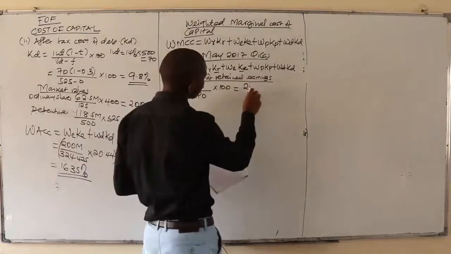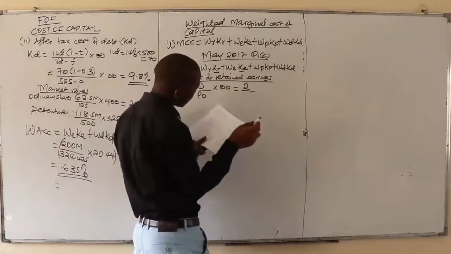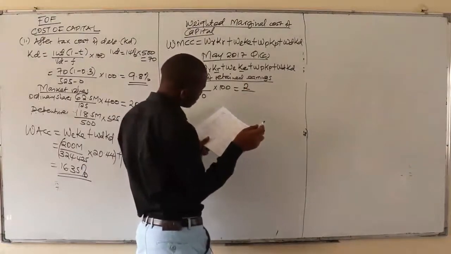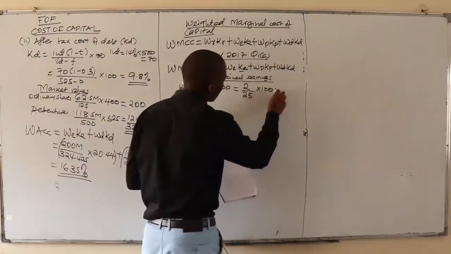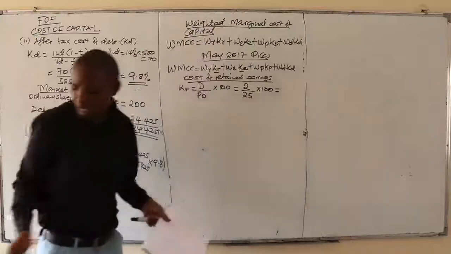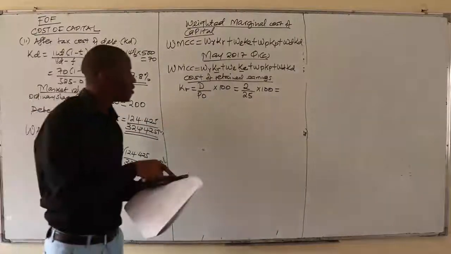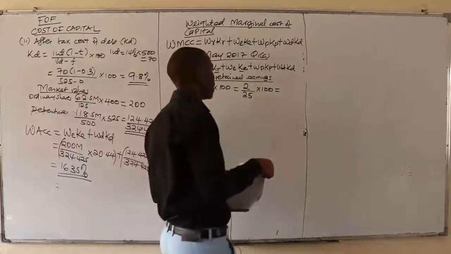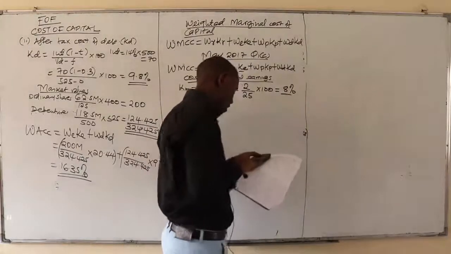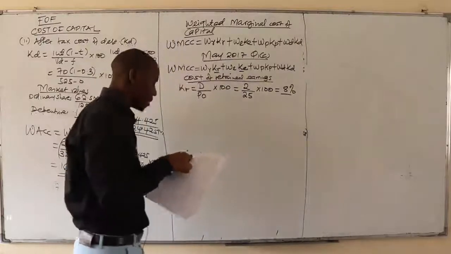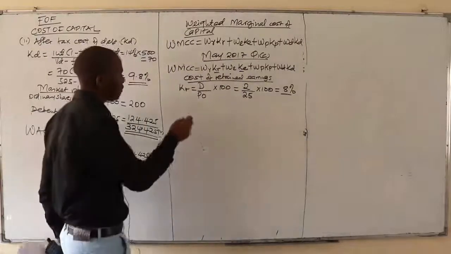The dividend was 2, and the current market price on additional information number 1 was 25. You multiply by 100, which gives you a value of 8%.